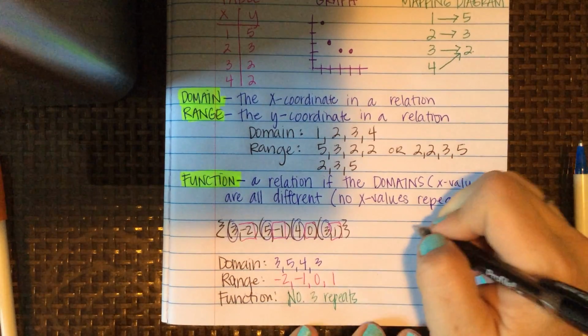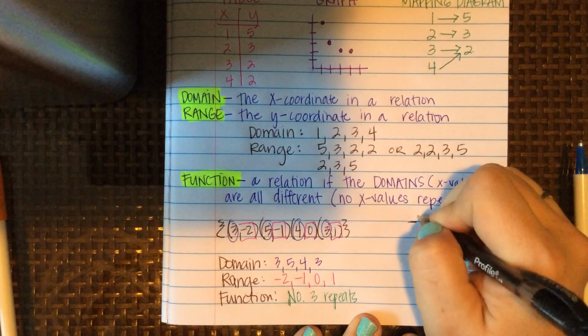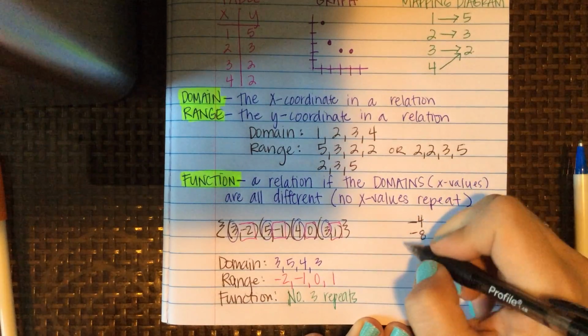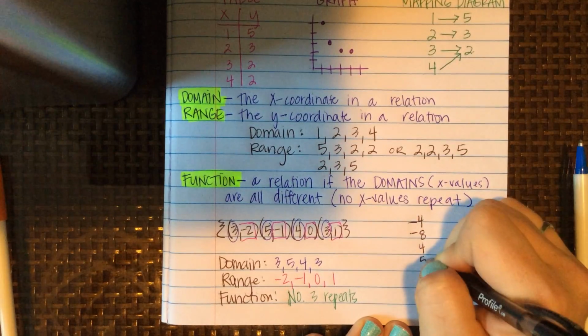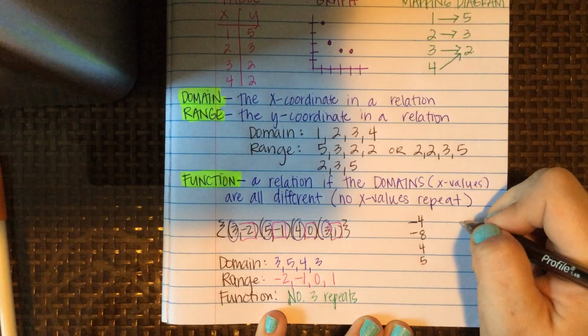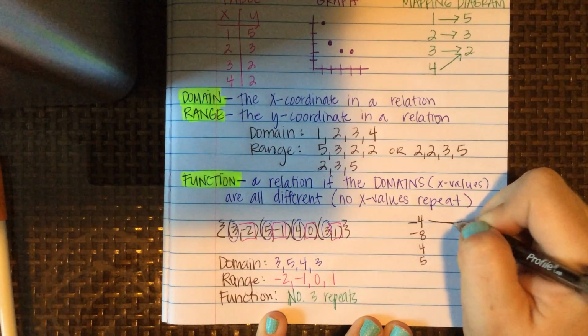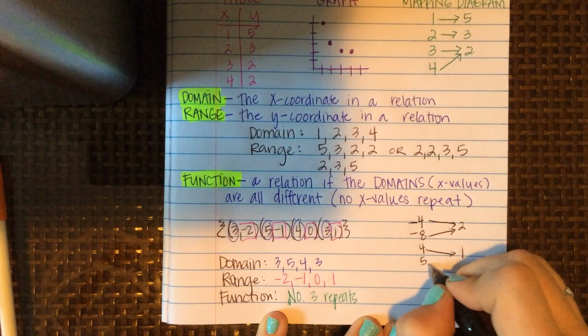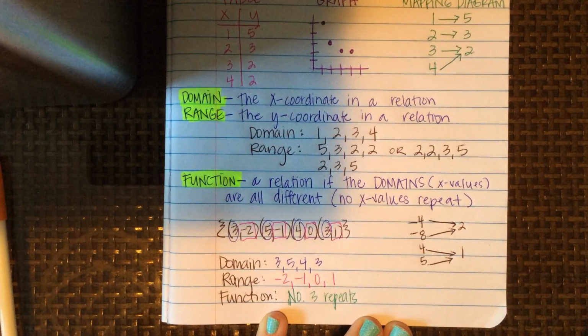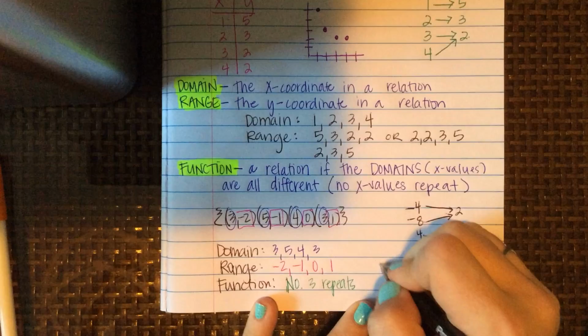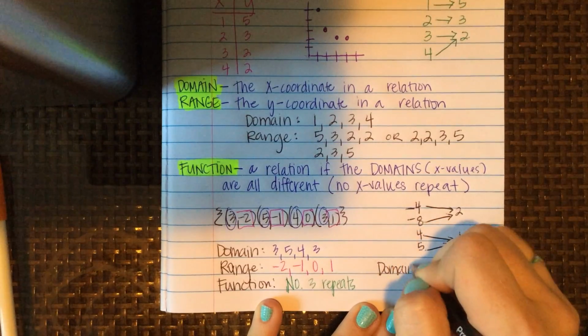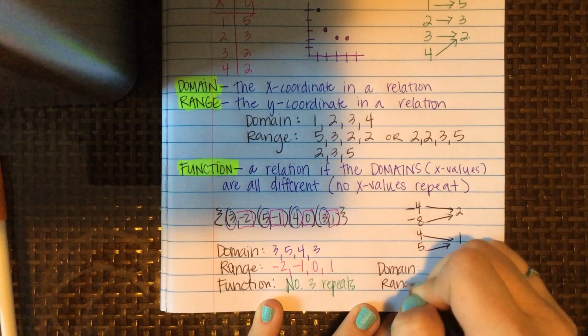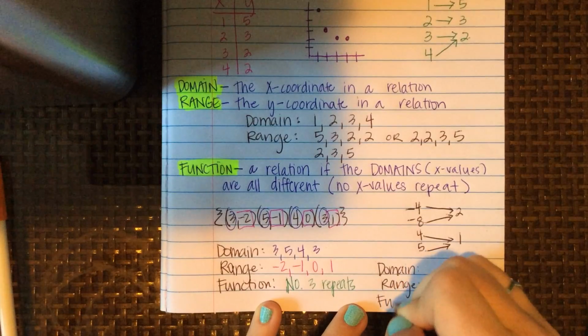What if I gave you a mapping diagram? -4, -8, 4, and 5, and 4 goes with 2, -8 goes with 2, 4 goes with 1, 5 goes with 1. So the domain, the range, and is it a function?